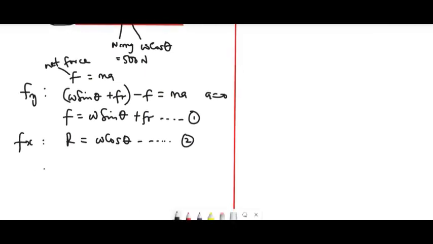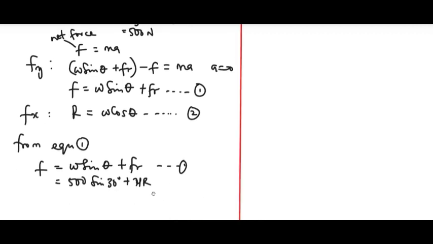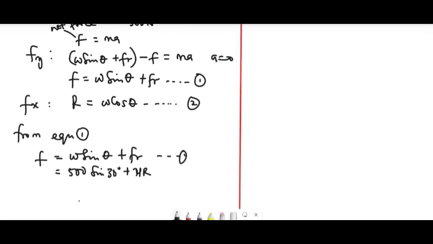So from your equation 1, you have F to be equals to W sine theta plus FR. So your W is equals to 500 sine 30 degrees plus FR, which is not given, but we have it as mu R, right? So can we quickly find 500 sine 30?